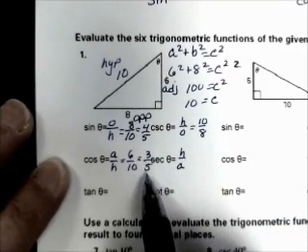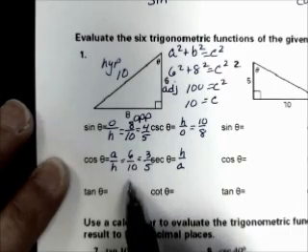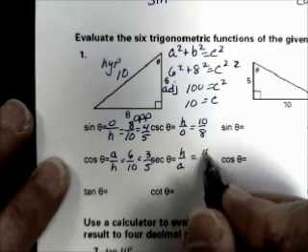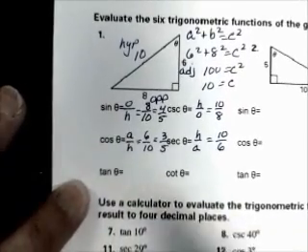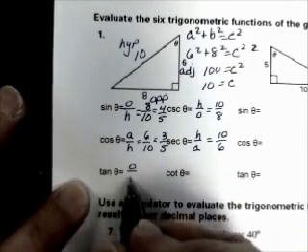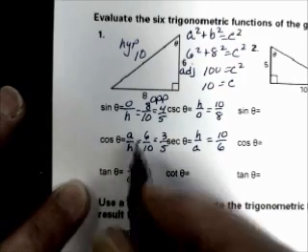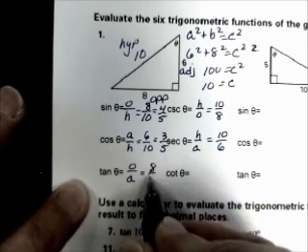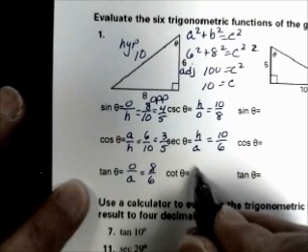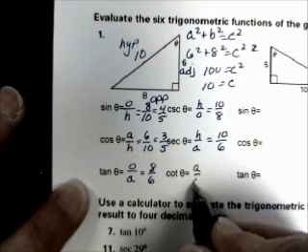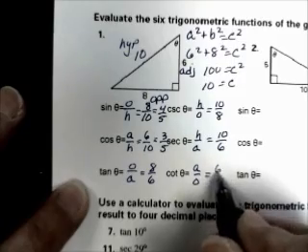No. I could just write the reciprocal of 6/10, 10/6, all right? But this is new to you, so it would probably be good practice to write hypotenuse over adjacent. Tangent is opposite over adjacent. Opposite is 8, adjacent is 6, so 8/6. And cotangent is reciprocal, adjacent over opposite, 6/8.